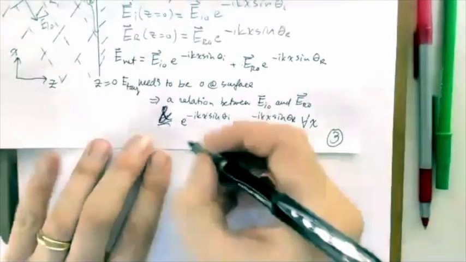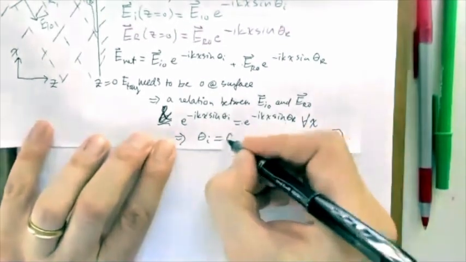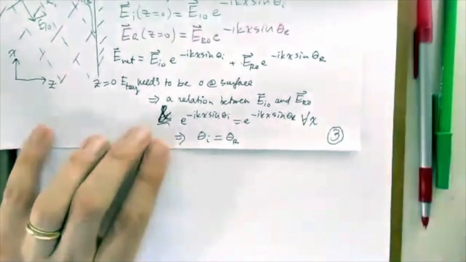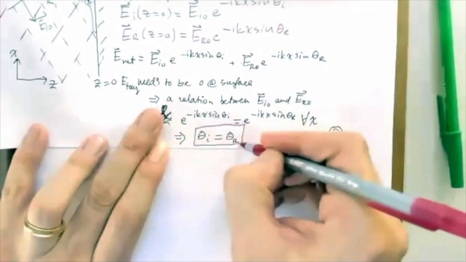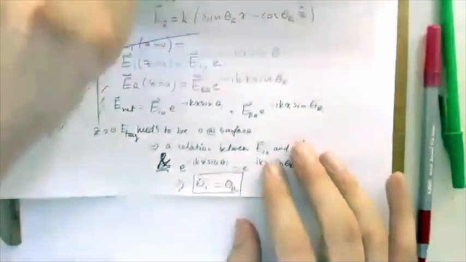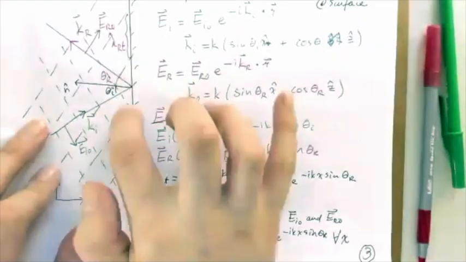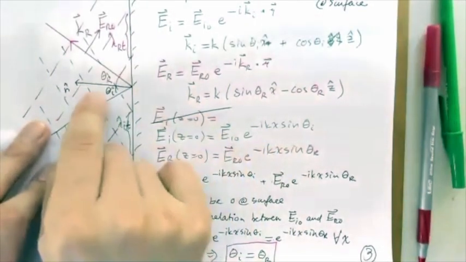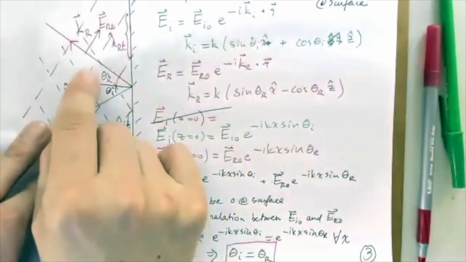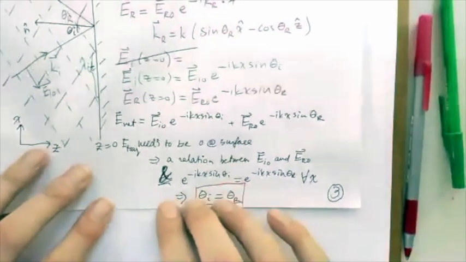So therefore, and that is the thing I was going for, theta_I is theta_R. And that, ladies and gentlemen, is the condition for reflection. So as I was saying, wave comes in like this, gets reflected, goes off to the other side of the normal, and these two angles, incident and reflected angle, they're actually the same angle. They just happen to be on the opposite side of the normal.